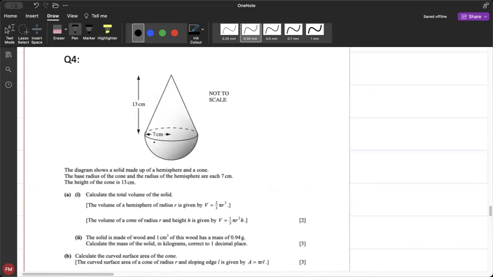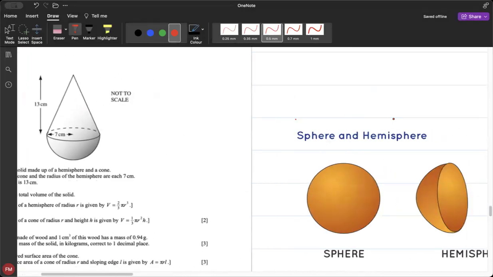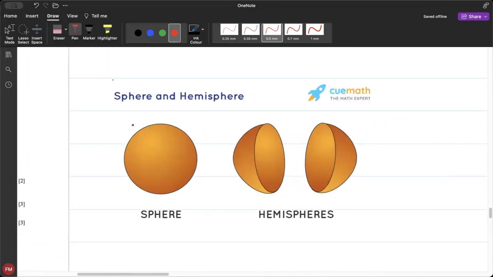Now, this is a compound shape. I told you earlier, if we had a sphere and if I were to cut that in half, I believe I didn't show that. So let's have a look. So this is one whole sphere.